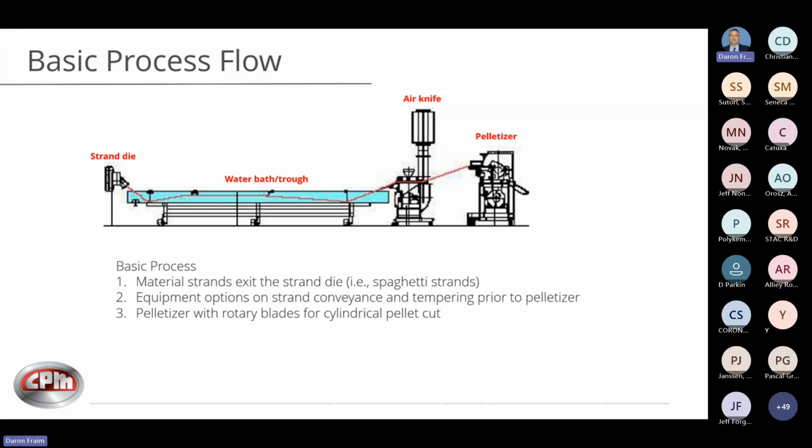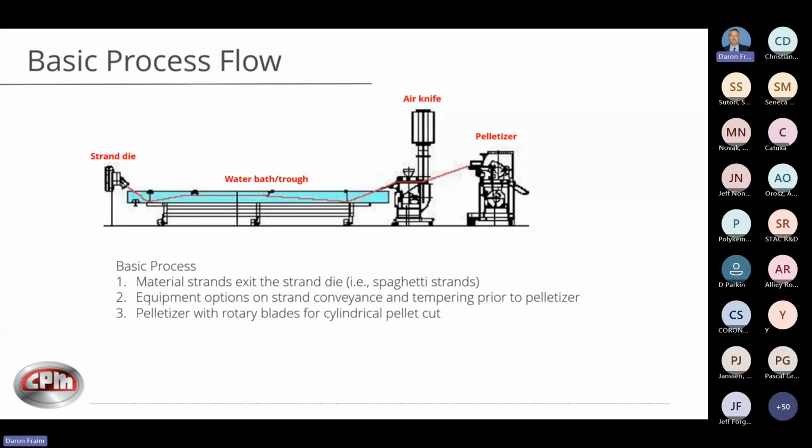And then typically downstream of your water bath trough, you'll have what we call air knives. Some of them are vacuum style, some are positive airflow. That's again to remove residual surface moisture from the strands as they enter the pelletizer.